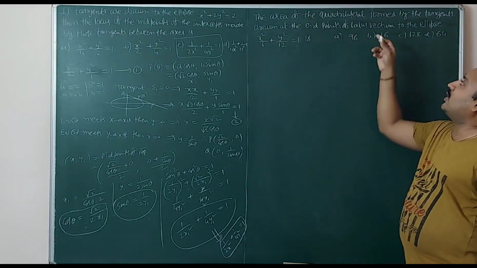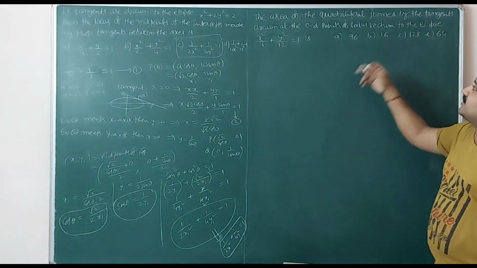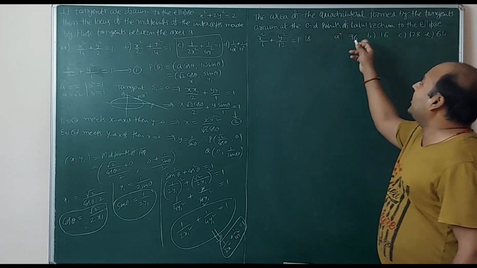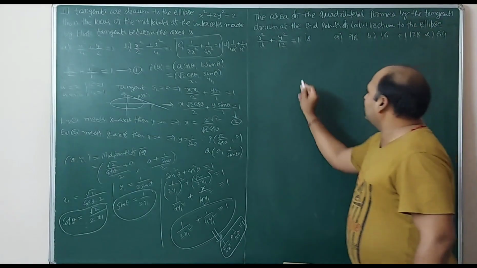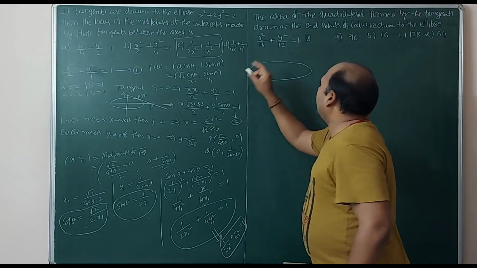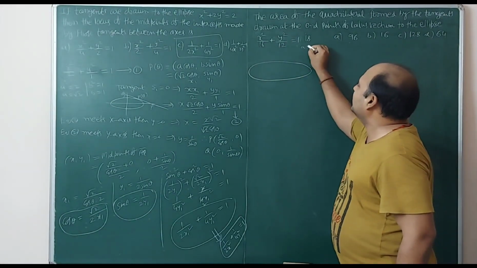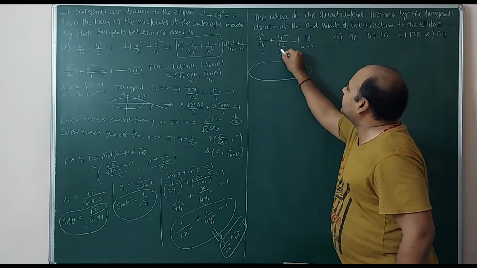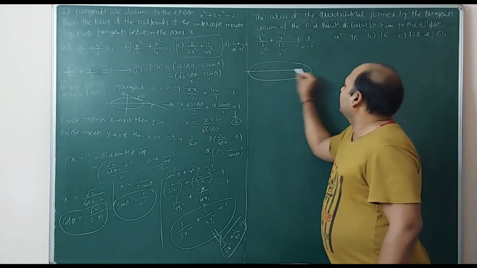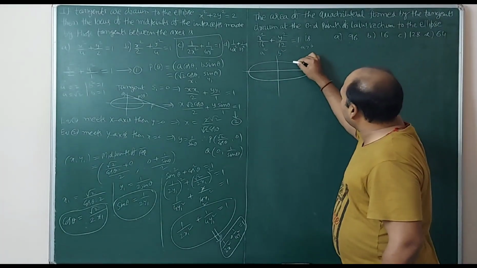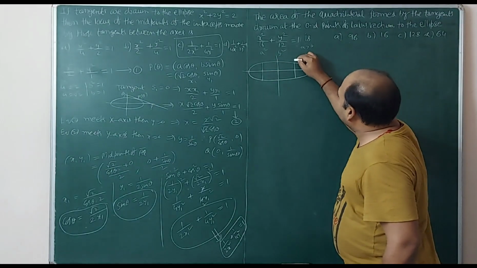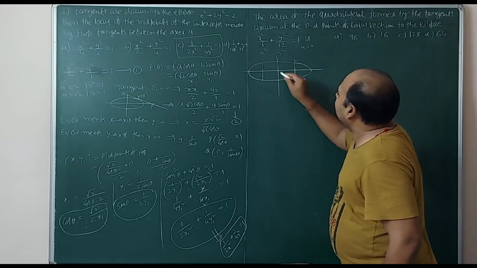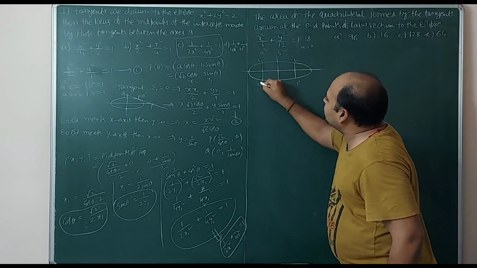The area of the quadrilateral formed by the tangents drawn at the end points of the latus rectum to the ellipse. So this is the ellipse equation. By observing, a is greater than 0. This is the a square value, this is the b square value, dear students. So this is the latus rectum, this is another latus rectum. These are the ends L, L dash, L1, L1 dash.